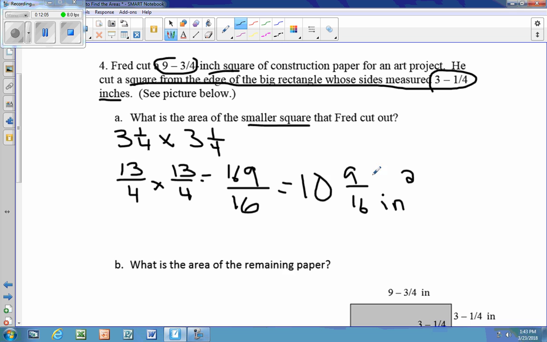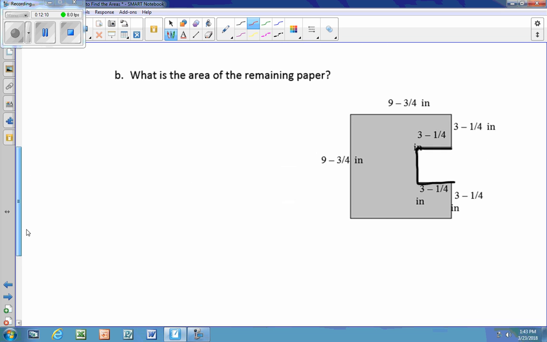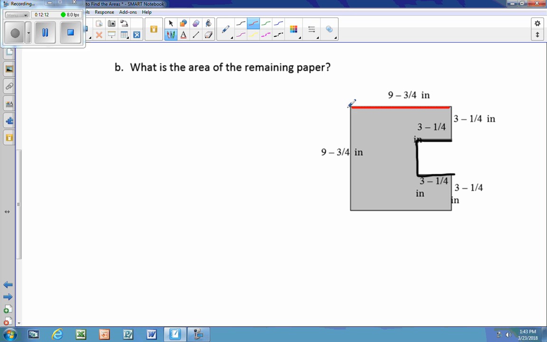But now we want to know about the remaining paper. So to figure out the remaining paper, what we're going to do is figure out this whole entire outside, and then we'll take away this little section on the inside. So we're doing 9 3/4 times 9 3/4.